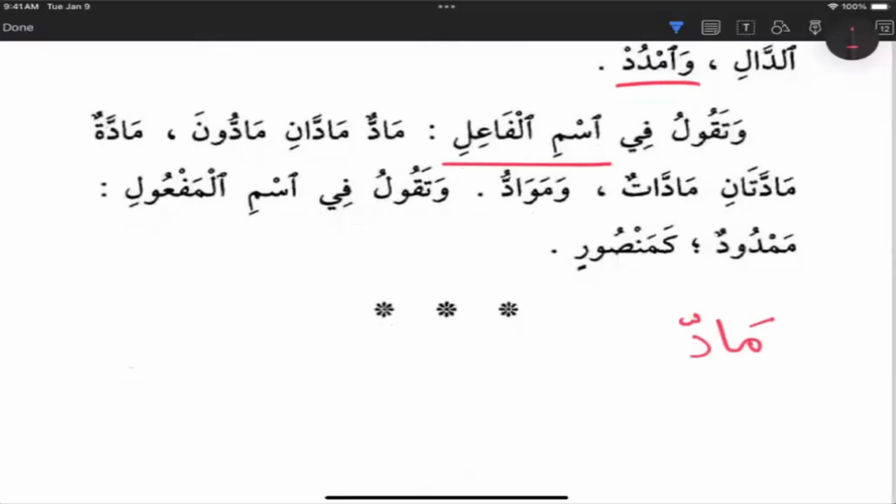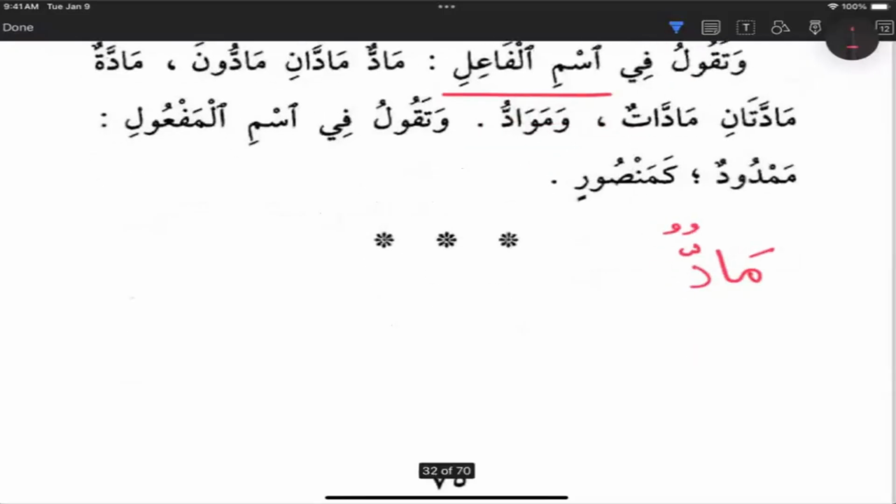What's the origin of Maddun? Or let's say, what's the wazn of Mad? Madid. Fa'il. Madid. But you don't say Madid. You say Mad. And that idgham is wajib there.